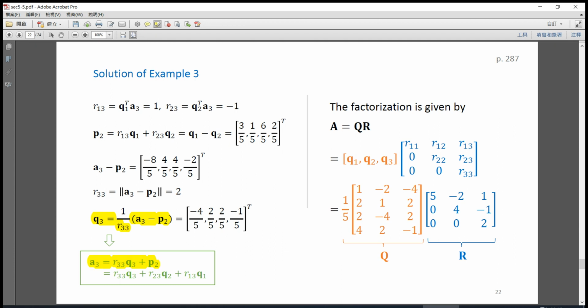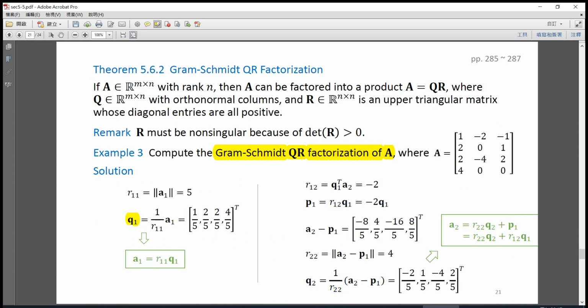And because p2 equals r13 q1 plus r23 q2, a3 can be written as r33 q3 plus r23 q2 plus r13 q1. And we know the equalities in green colors.